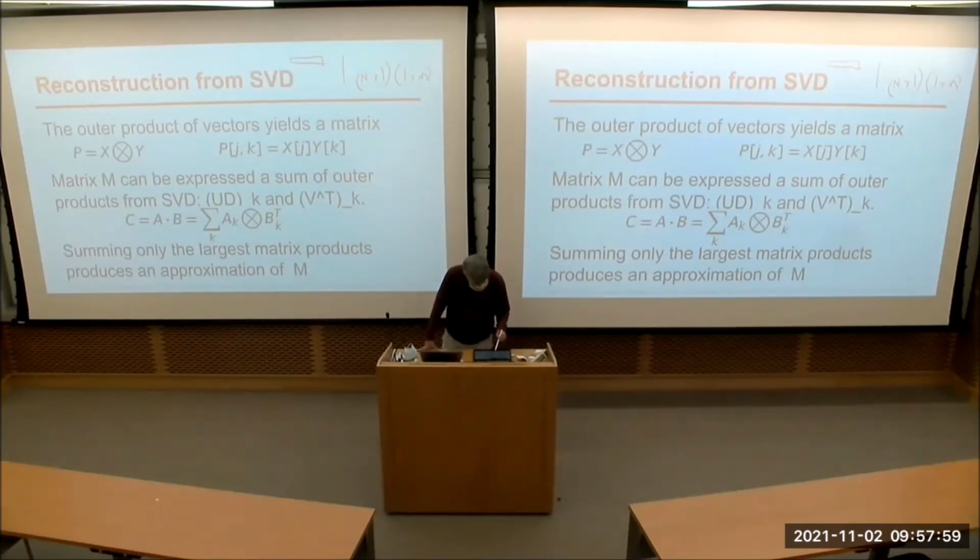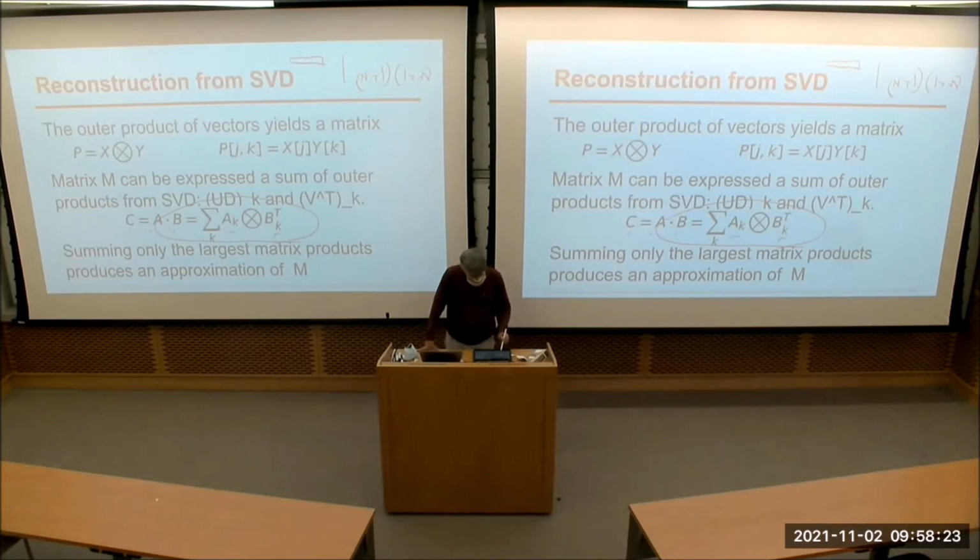You can reconstruct the product of any matrix as the sum of the outer products of every row and column here, and then we get similar ideas to the eigenvector decomposition.